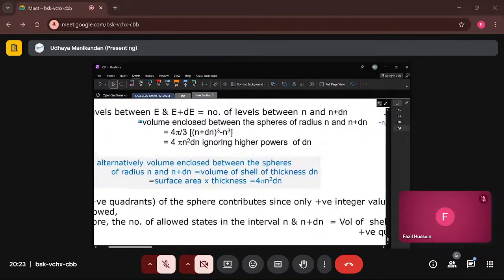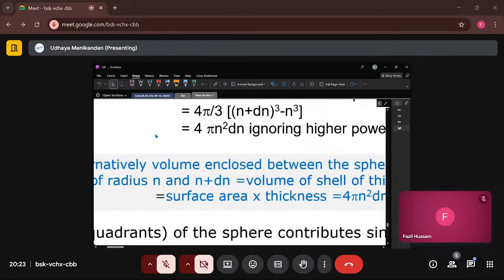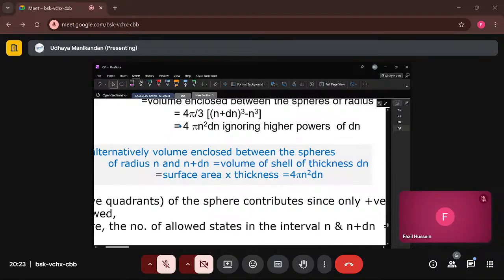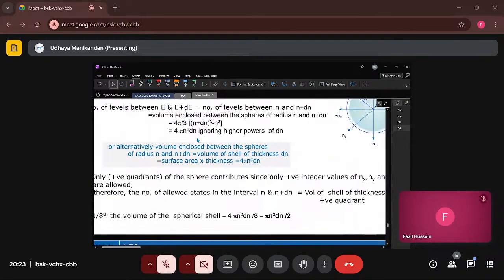You can take the dn's out. Higher powers of dn will be 0, so you can cancel them out. This is the whole cube formula. You will get n cube plus dn cube plus 3 n square dn plus 3 dn square n, minus n cube.